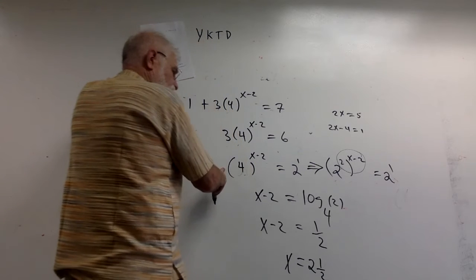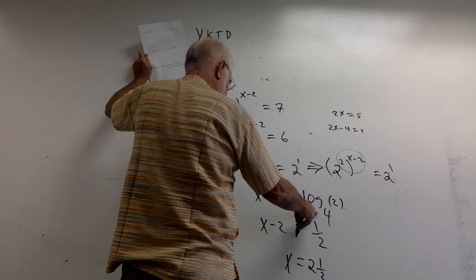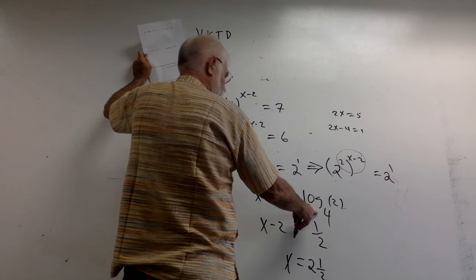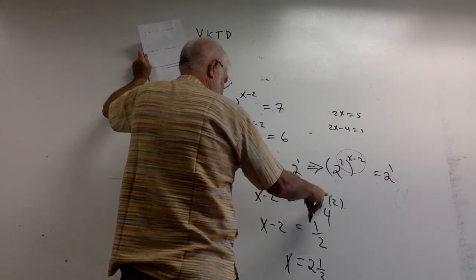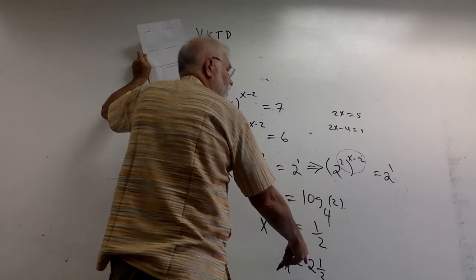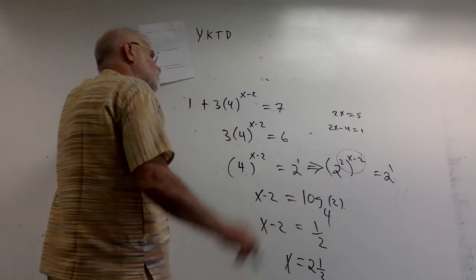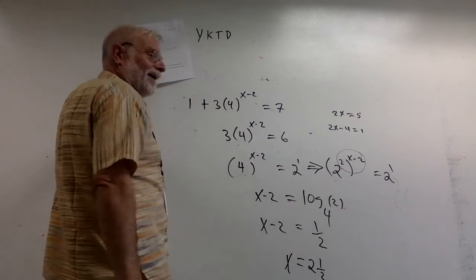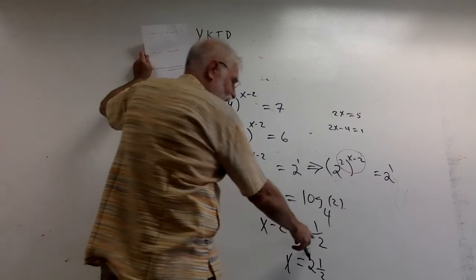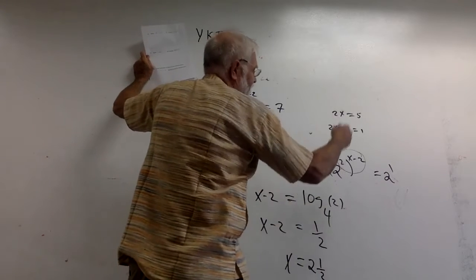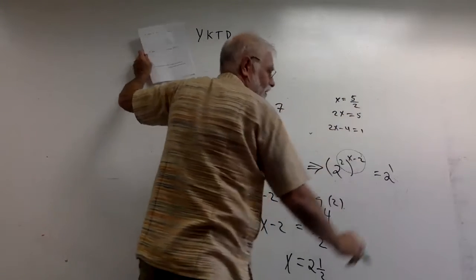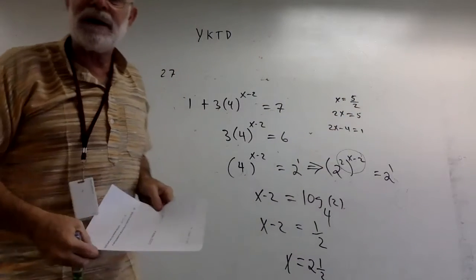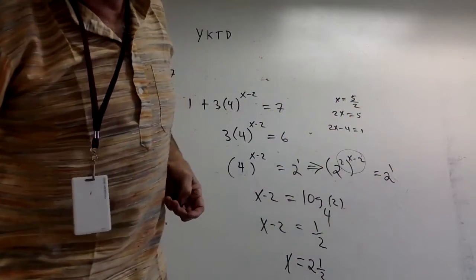So exponentiating on this side is logging on this side. Log base 4 of 2 is a half, 2.5. Oh, you know what? That's how tired I am. I thought I wanted a half. It's 2.5. Nothing wrong here. So x equals 5 over 2. It's 2.5. I apologize.